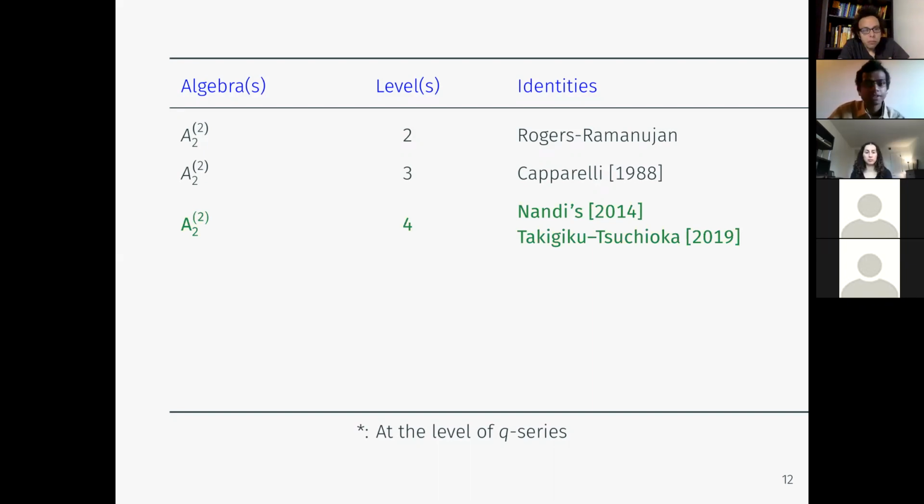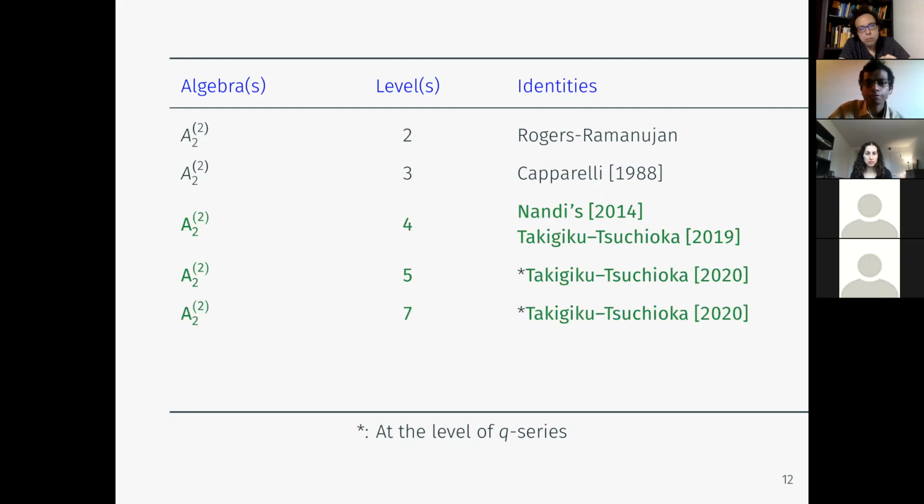A_2^(2) level 4 is the extremely complicated Nandi's identity, and it was recently proved by Takigiku and Tsuchioka. It's a very fascinating development because Nandi's identities, I'll show you, they're very complicated. They also conjectured some identities for A_2^(2) at level 5, level 7.